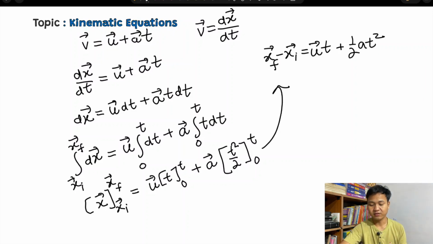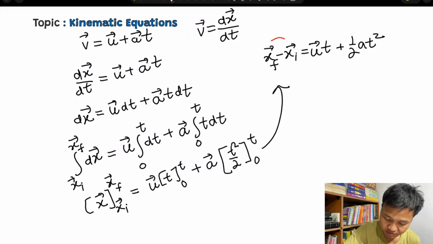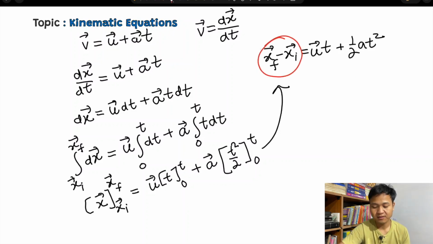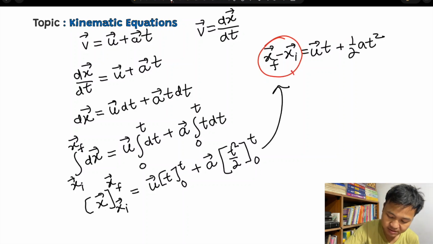One thing to note here: x2 minus x1 is the displacement vector. So this is nothing but displacement.